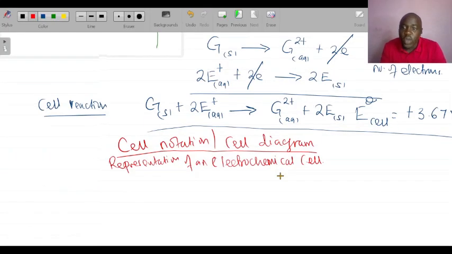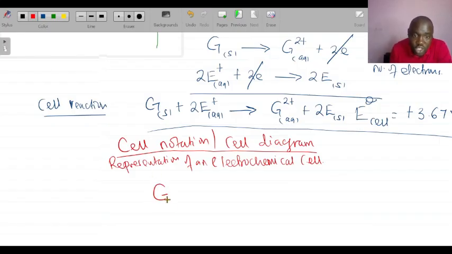There's a conventional way of writing it, whereby the half cell where oxidation takes place, which is the anode, must always be on the left hand side. And in this case, G undergoes oxidation. This is how we are going to write it.